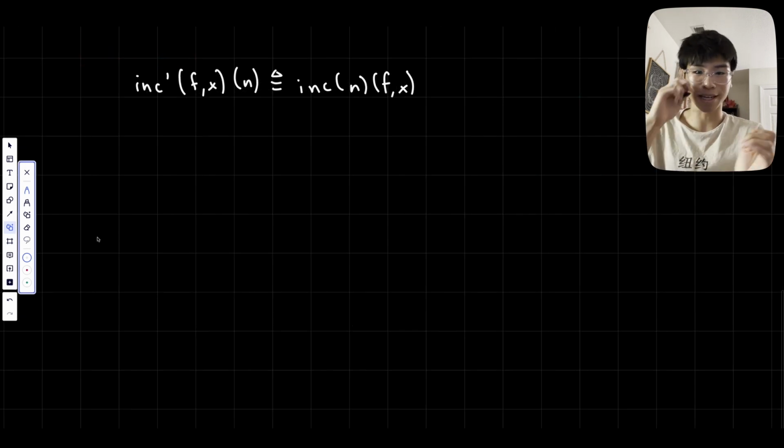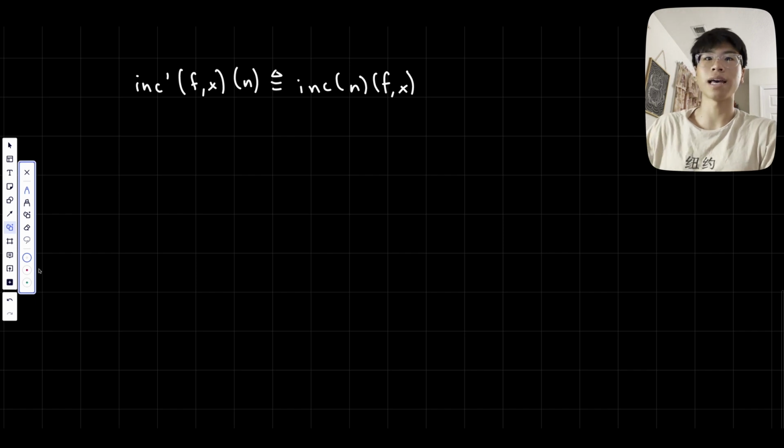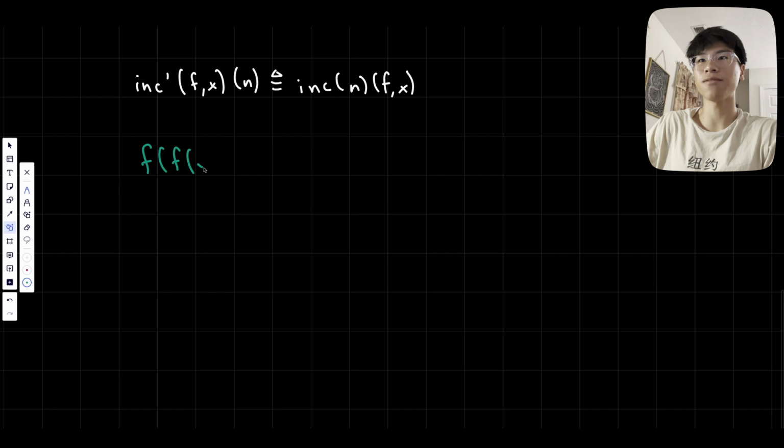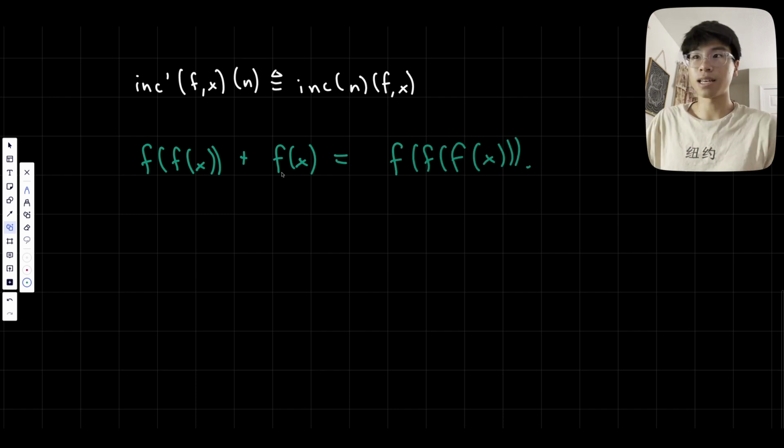Let's try adding. If you think about adding, all adding is repeated incrementation. So if you wanted to add, for example, f of x to f of x, we'd simply need to have 3 f's in a row.